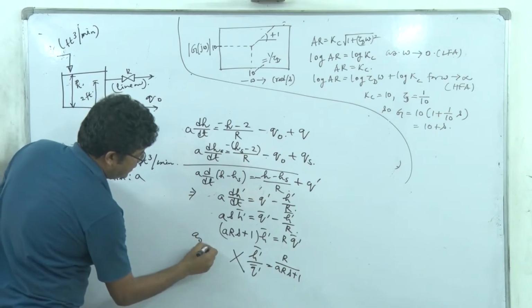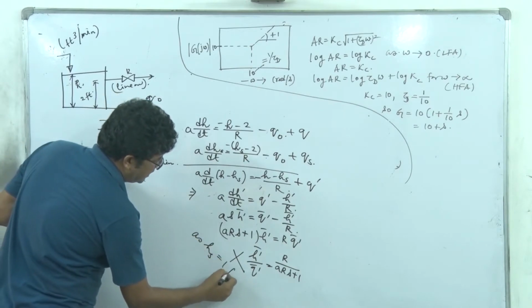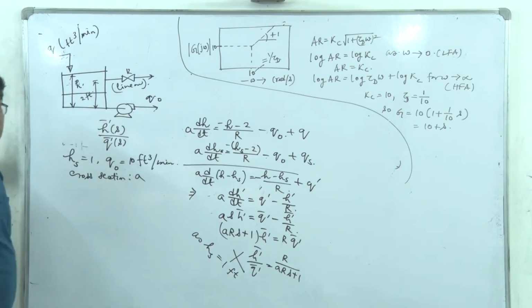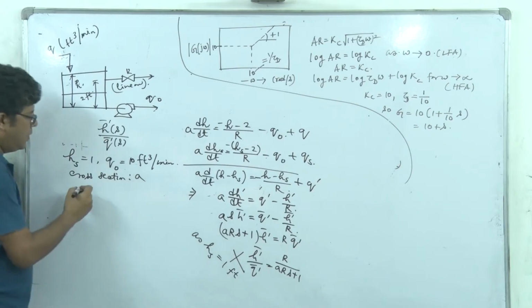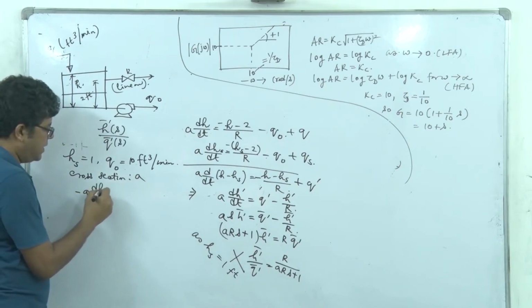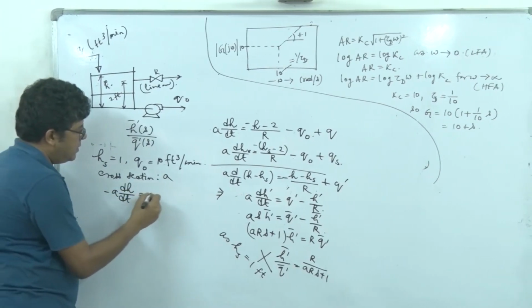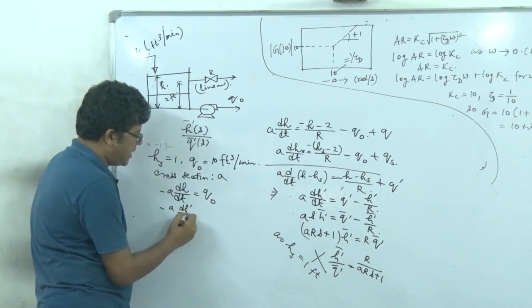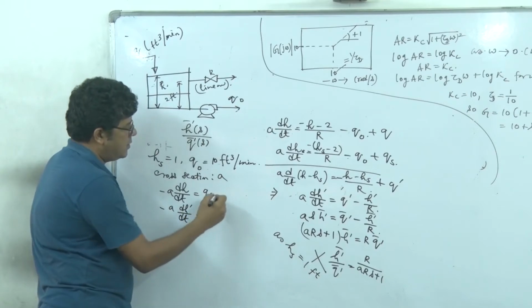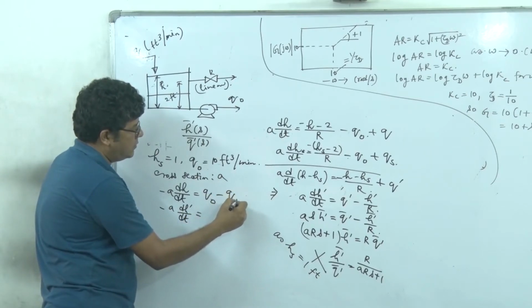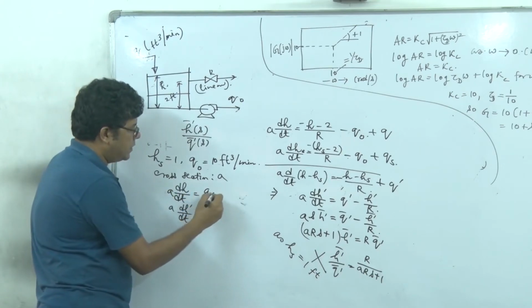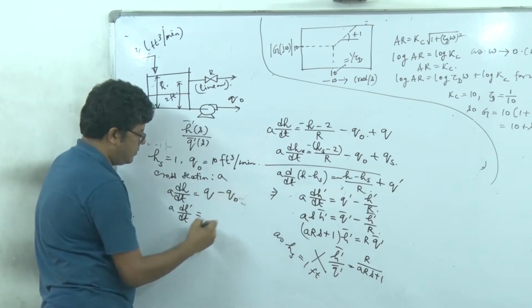Why? As Hs is 1 feet, that means the liquid level is somewhere over here. So this valve is running dry. So my system equation is A dH/dt is equal to Q minus Q0, I am writing it wrongly again.